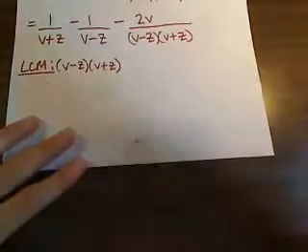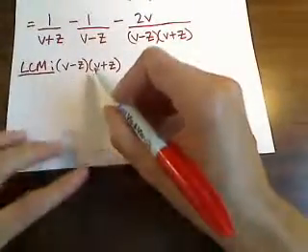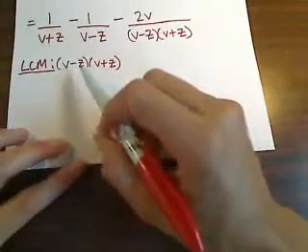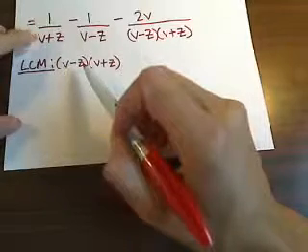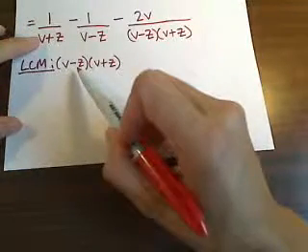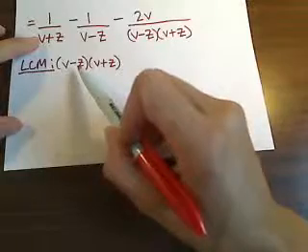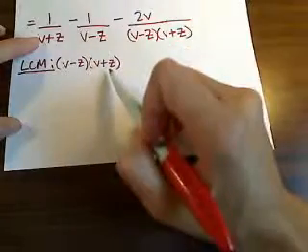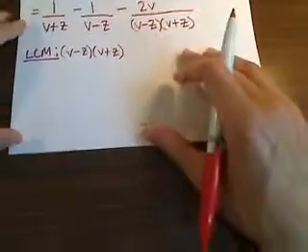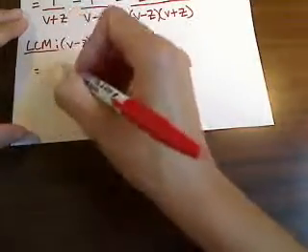Okay, so this now is our common denominator, and that's what we want to make our denominators look like. So we have to compare and figure out what's missing. This first fraction here is missing the v minus z, so that's what it's going to get multiplied by, top and bottom. This one's missing the v plus z, and the third one here isn't missing anything. Okay, so it's going to look like this.